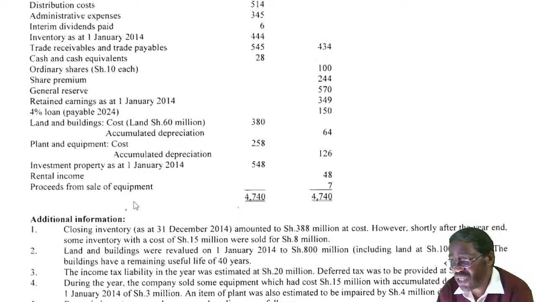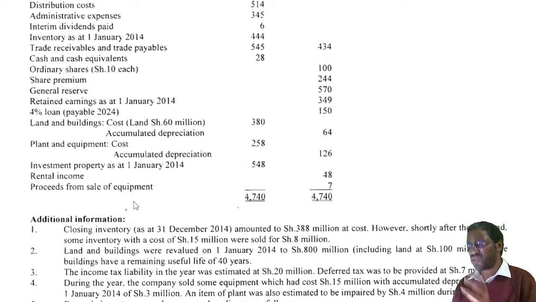I want to see how much you think is the gain on revaluation of the building. Take your calculator, look at that trial balance carefully, and then give me what you think is the gain on the revaluation of the building.